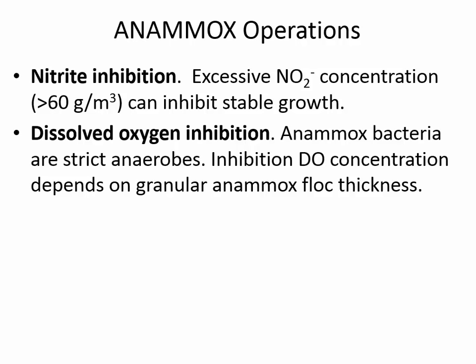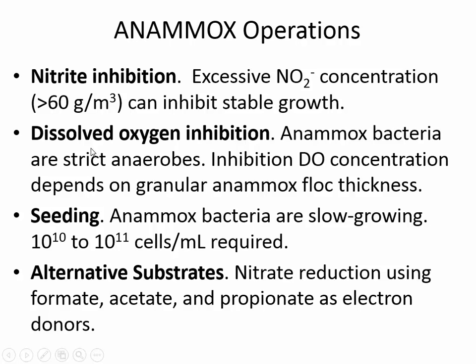Like in the startup phase before you really reach steady state in the reactor, the granules may be relatively small so that the thickness of the anaerobic layer isn't very big yet. If there's too much oxygen in the reactor when you're starting up, then that can inhibit it from growing. So they may be a little bit stingy on providing dissolved oxygen at the beginning just to make sure that the strict anaerobes in the center of the granules don't get exposed to too much oxygen.